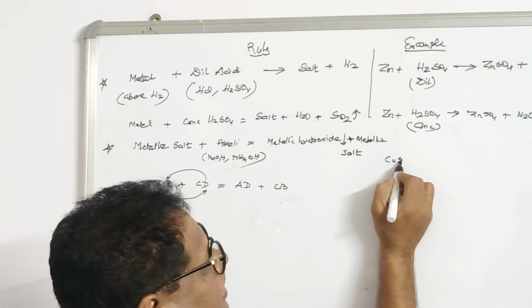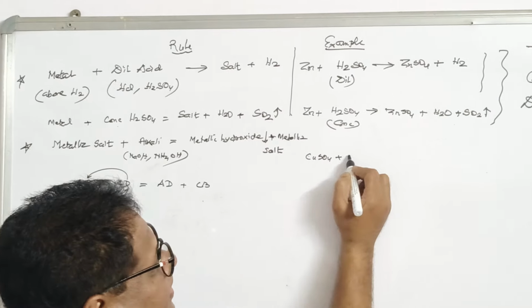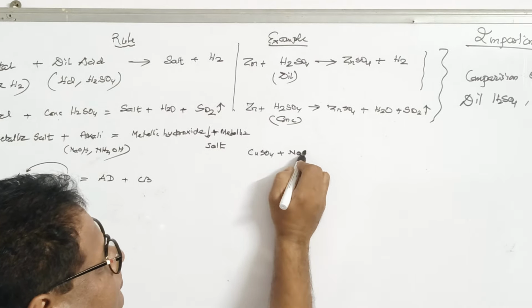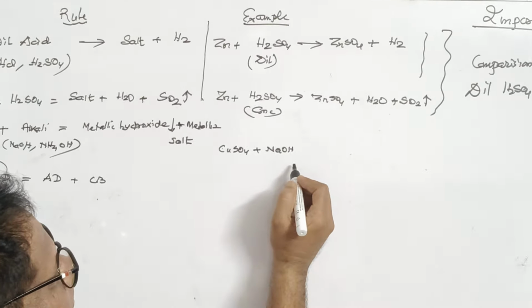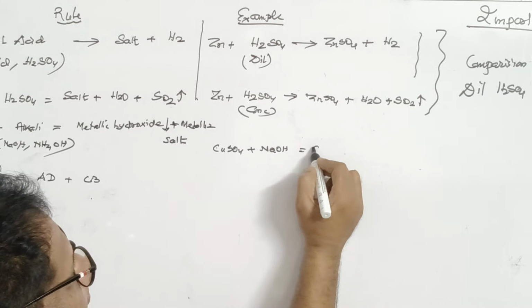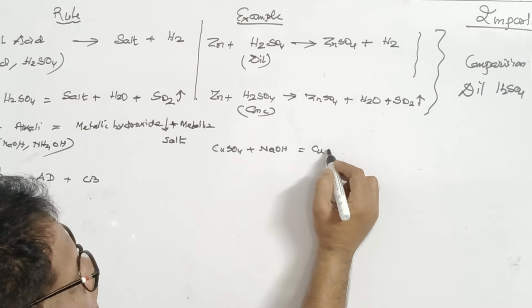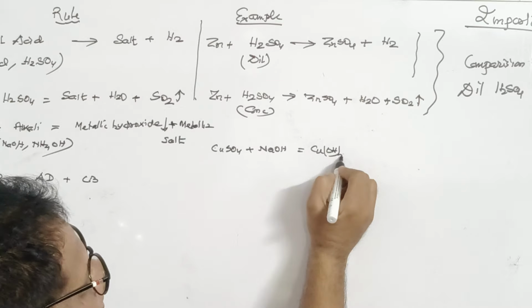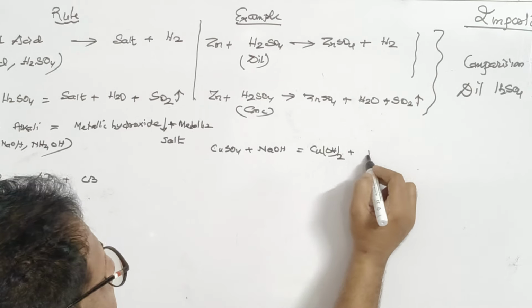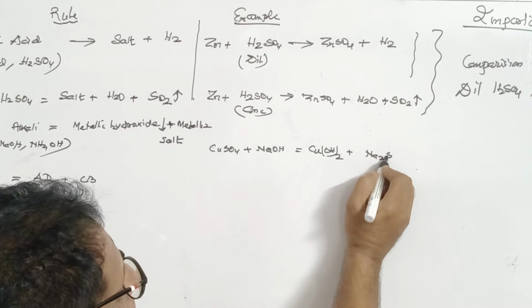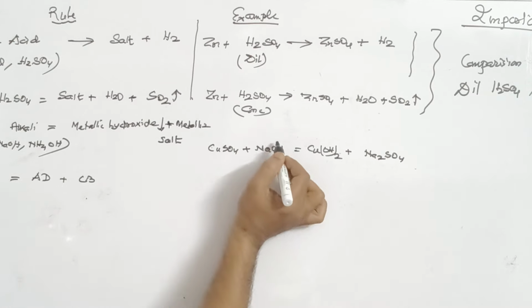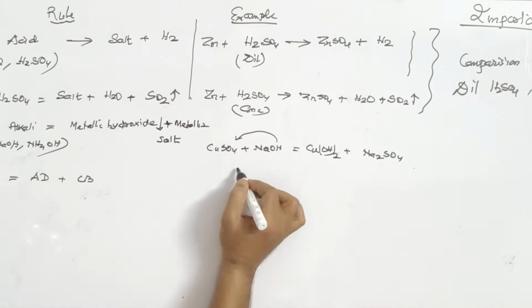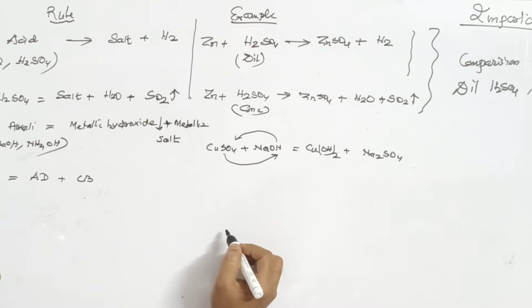Suppose you take copper sulfate reacted with NaOH, it forms a blue precipitate, a light blue precipitate of copper hydroxide along with Na2SO4. So you see the ions have got exchanged, OH coming in place of this, sulfate going in place of this.